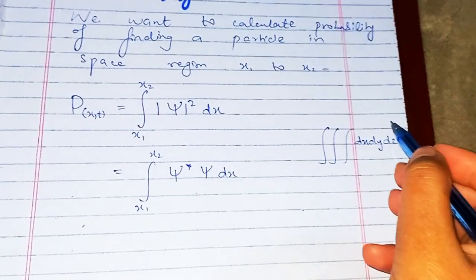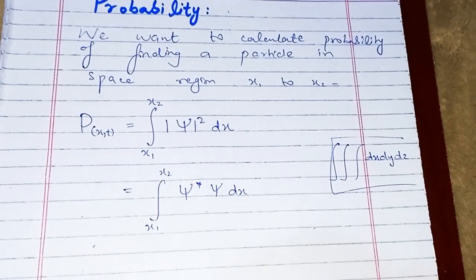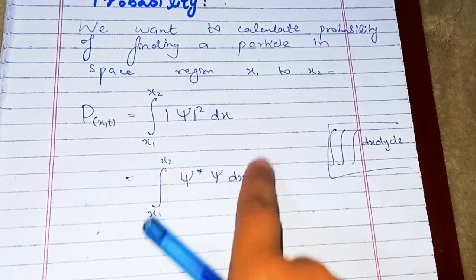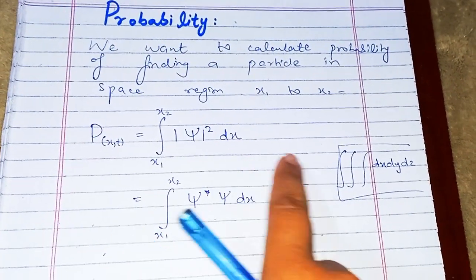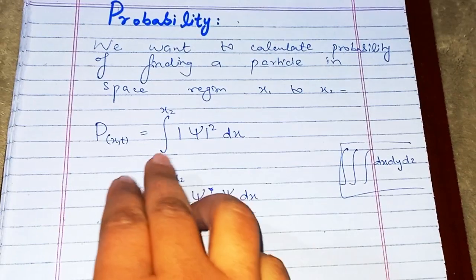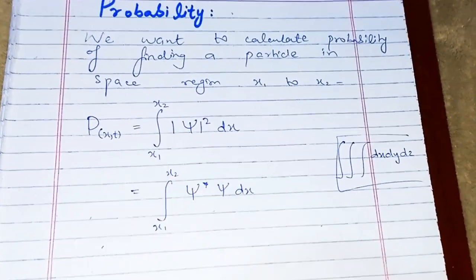Okay, so it depends what kind of case you have, but in the beginning of quantum mechanics, we always have the 1D cases. Okay, so that is the formula for calculating the probability of finding a particle in between x1 and x2. All right, so that is the formula.